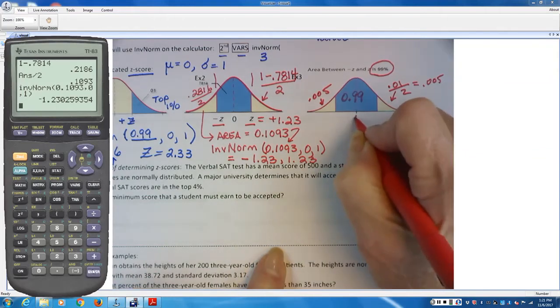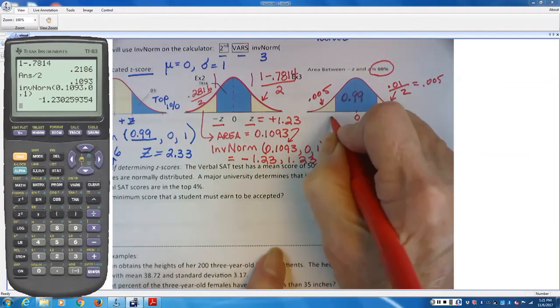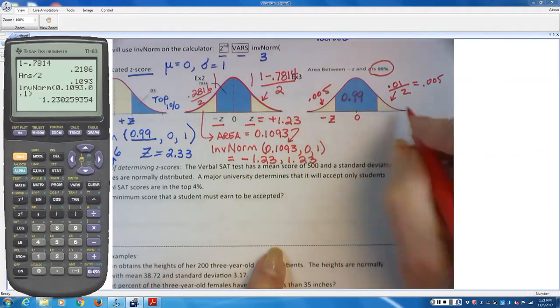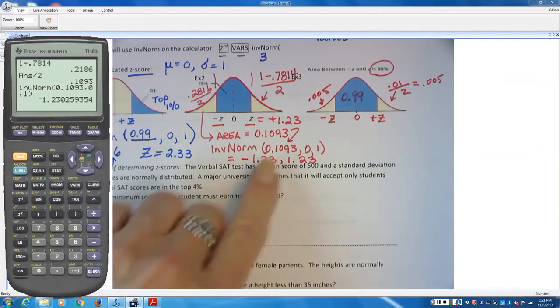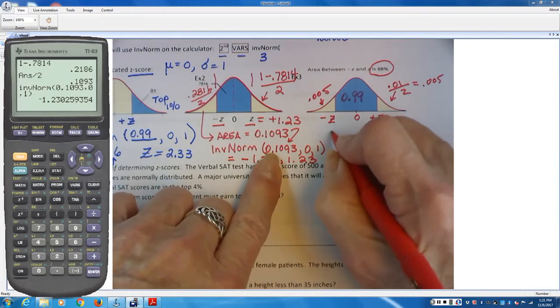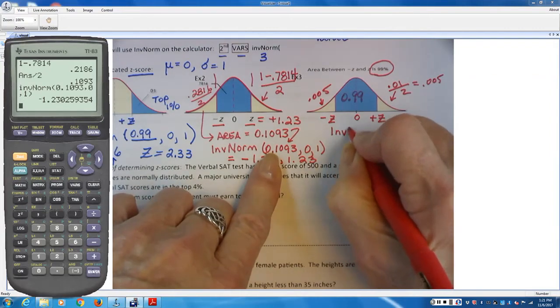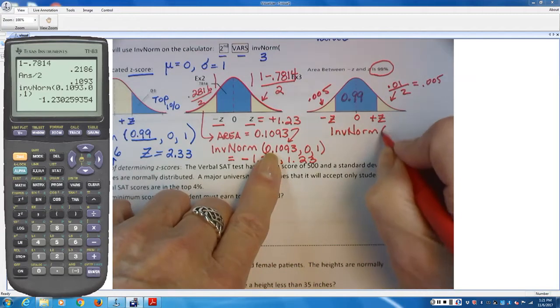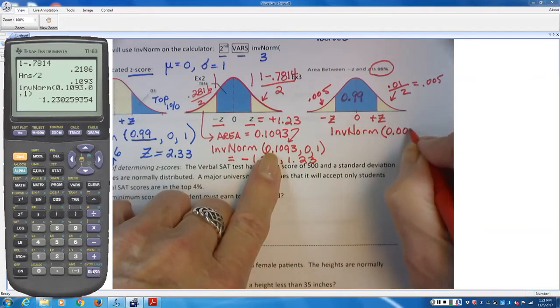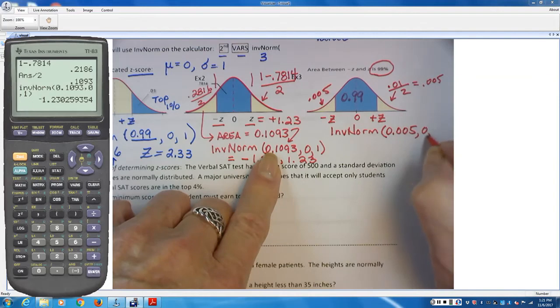So the mean of this thing is still 0, and we're looking for a negative z and a positive z, using inverse norm. 0.005, 0, 1.